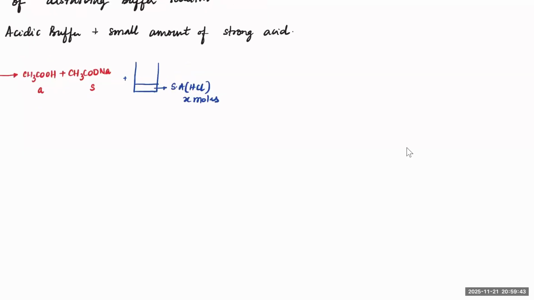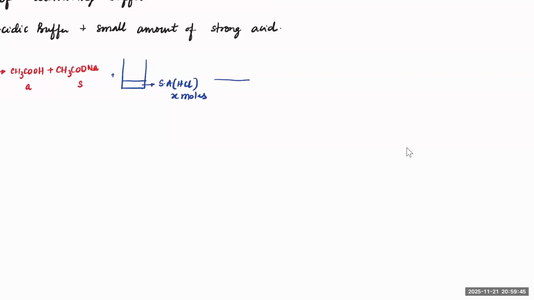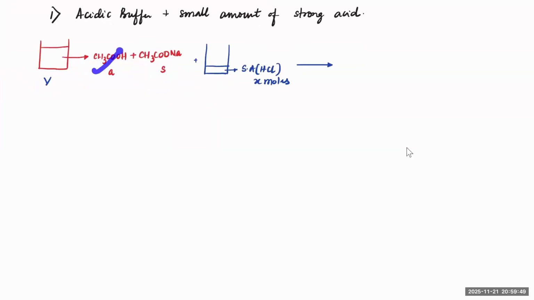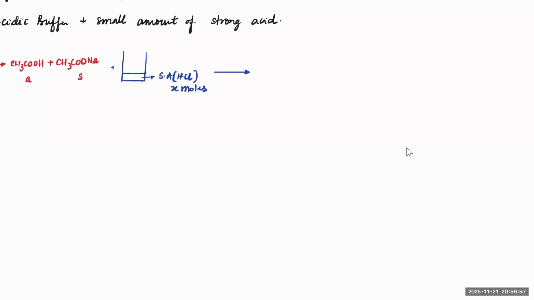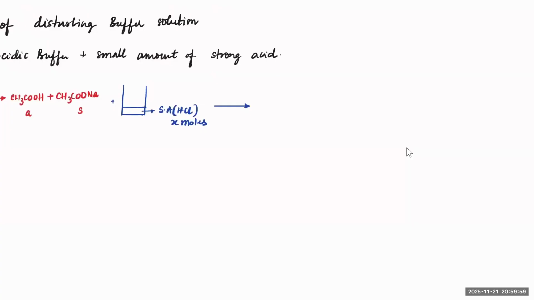Got it? Now, after adding these two, the solution will have CH3COOH, CH3COONa as well as HCl. Now, in that case, the type of equilibrium we expect here will be CH3COOH, which is in equilibrium with CH3COO minus plus H plus.